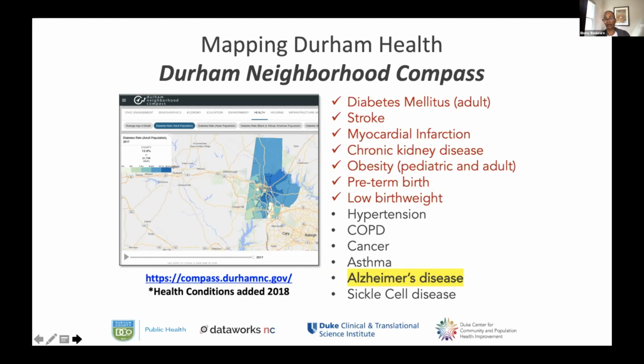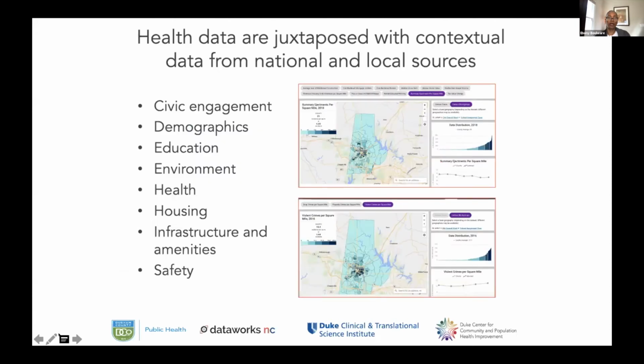On our list is Alzheimer's disease. It's not there yet. But a number of conditions across the lifespan are in the process of being mapped. And what's great about this is that we've contributed health conditions at the neighborhood level.